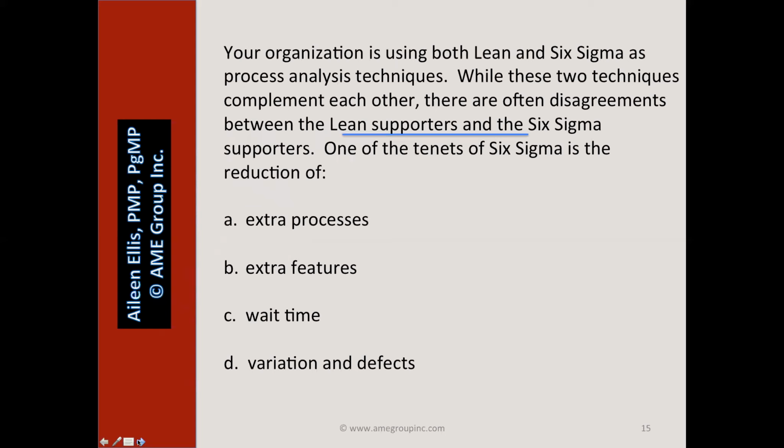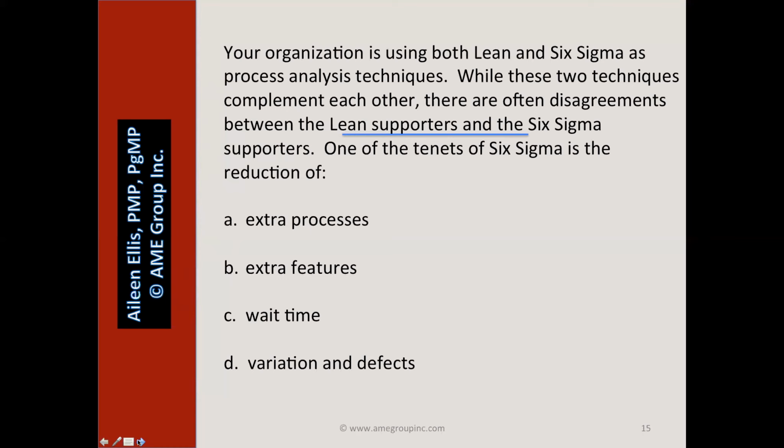Hopefully you already know the answer to this. We've already discussed it. When we think about Six Sigma, we're trying to reduce variability, which tells me answer D, variation and defects, most likely is going to be the best answer.